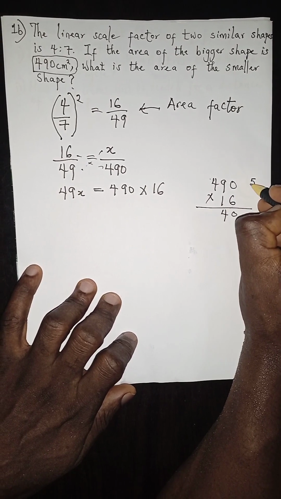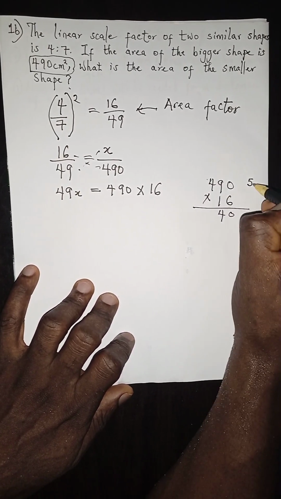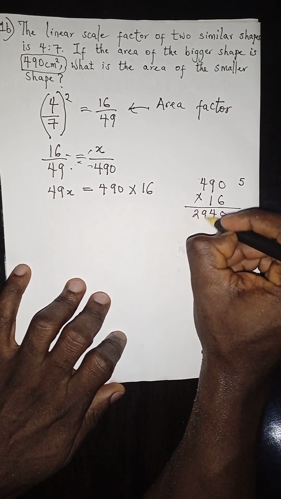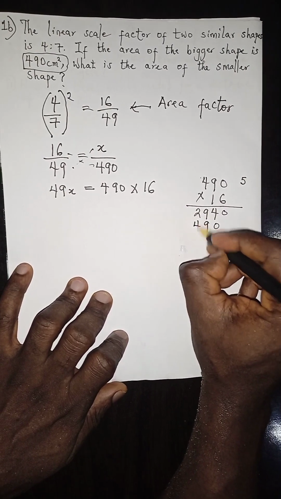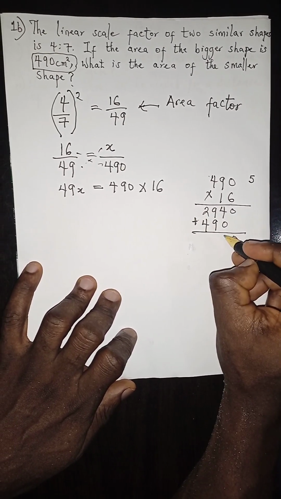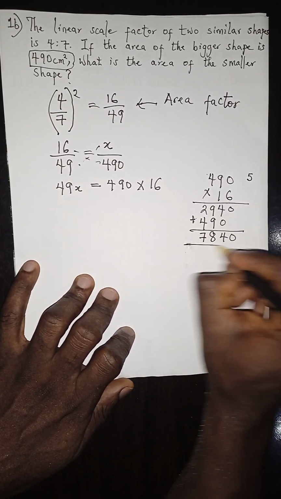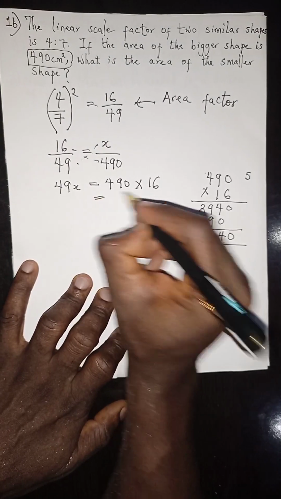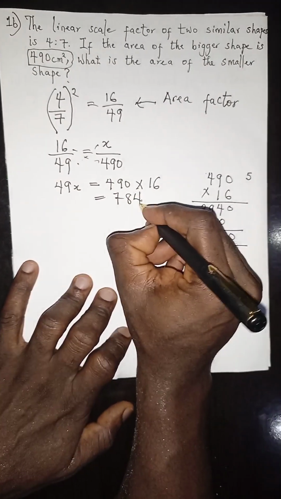Then you carry your 5. 6 times 4 is 24 plus 5, 29. Then 1 multiplies everything and gives you exactly that. Then you add this up. So this is 0, 4, 8, 7. So this is what you get: 7840.